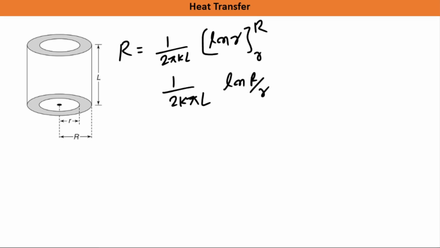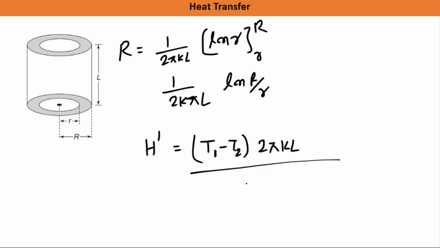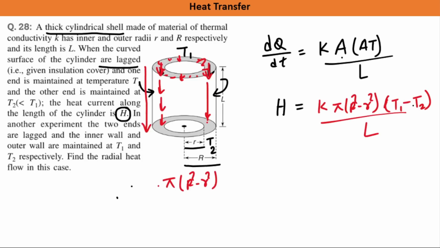Now let us calculate heat current flowing in this case. Let us say that is H dash. So H dash will be temperature difference T1 minus T2 divided by resistance. So that will become 2 pi KL divided by ln R by r. अब देखो H के टर्म में इसको कैसे लिख सकते हैं? K pi T1 minus T2 can be written as HL by R square minus small r का square. ठीक है?